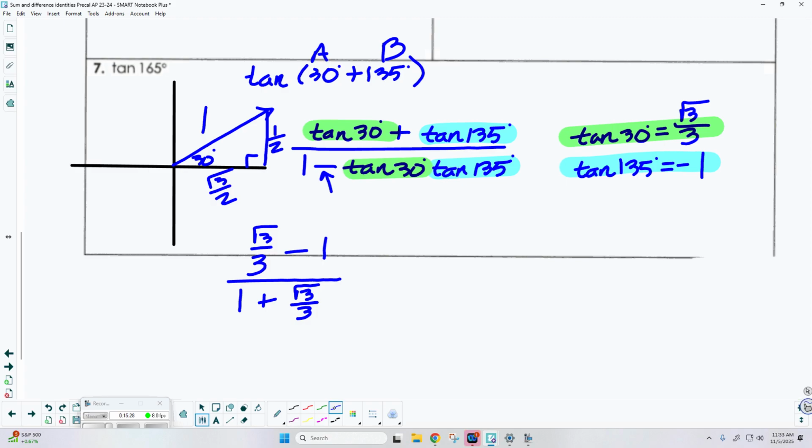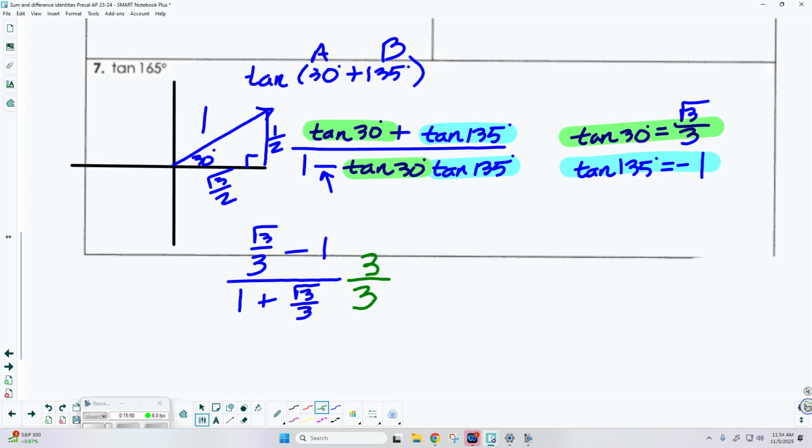Now, this one, I'm actually glad we worked it this way. This one had an extra step that number 8 didn't because of the angles we chose. This one has fractions. So we're going to want to get rid of those fractions before we start what we just did a moment ago. Because both denominators are 3, let's just go ahead and multiply by 3 over 3. See, that's still multiplying by 1, right?